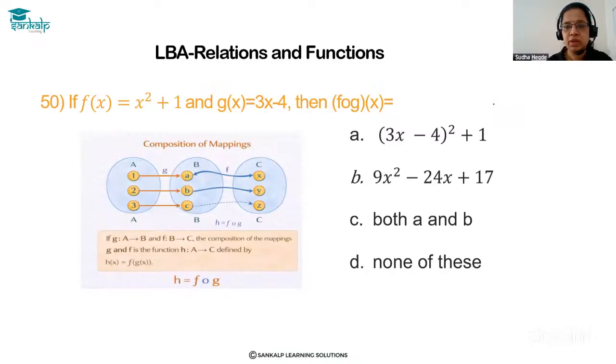So what is given? f of x is equal to x square plus 1. g of x is equal to 3x minus 4.